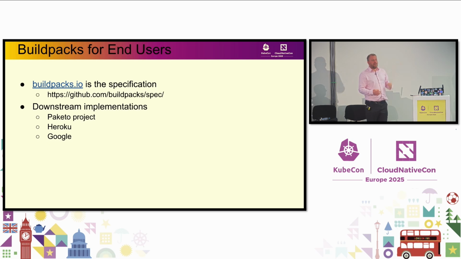However, the actual implementations of the Buildpacks come from downstream providers. The Paketo team, an open source project, maintain a suite of Buildpacks for building various language groups. Heroku, where some of this technology originally came from, maintain a set of Buildpacks that they use to build certain language groups that they support. And then Google use Buildpacks on Google Cloud Run, so the set of Buildpacks that they provide are particularly optimized for building images to run on Google Cloud Run.